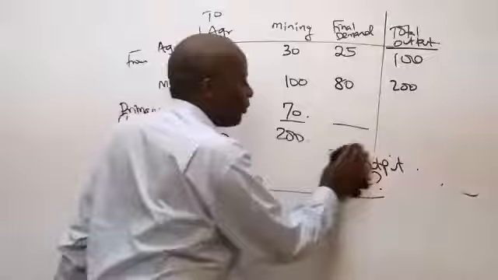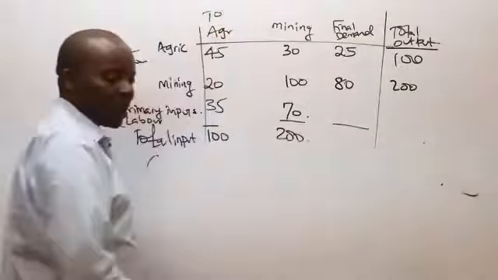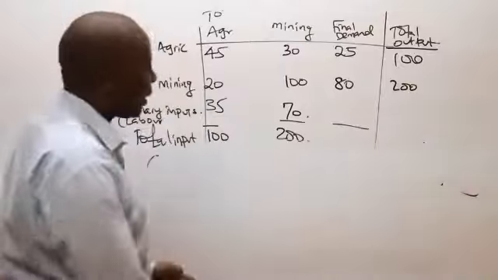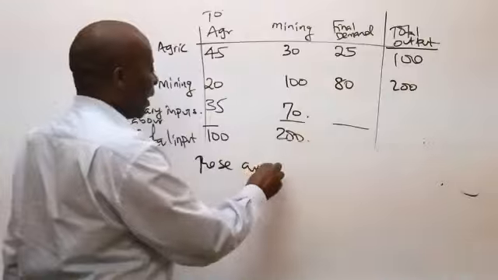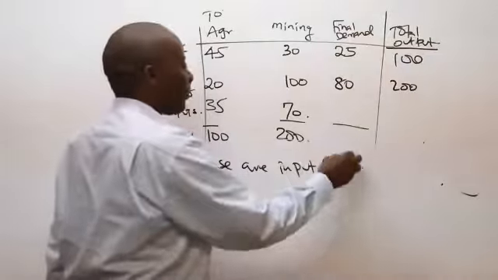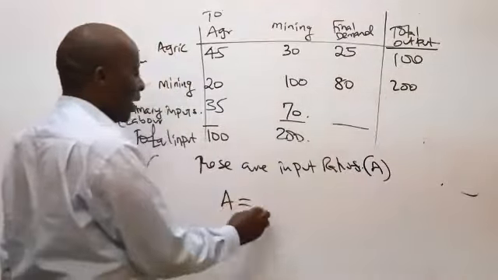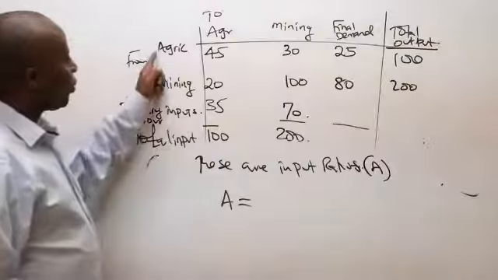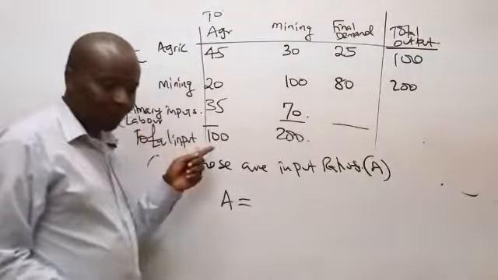So technical coefficients are basically the input ratios. We normally call them A. And for us to get A, because I've got two sectors, I only need to go to my columns.